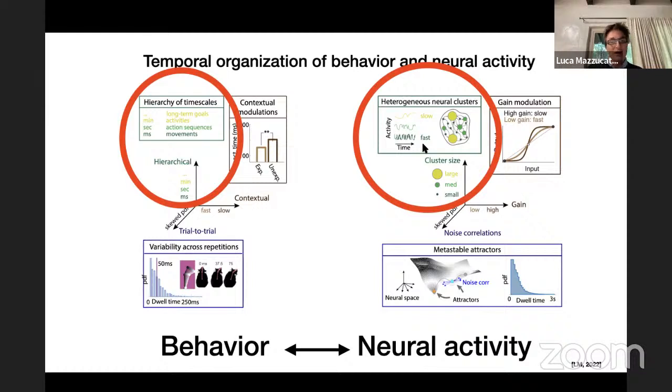We will propose that in order to generate neural activity that simultaneously varies on many different timescales, orders of magnitude apart, the simplest mechanism we can think of in terms of emergent collective activity is the activity generated by neural clusters of different sizes. So this is going to be the punchline of the talk.